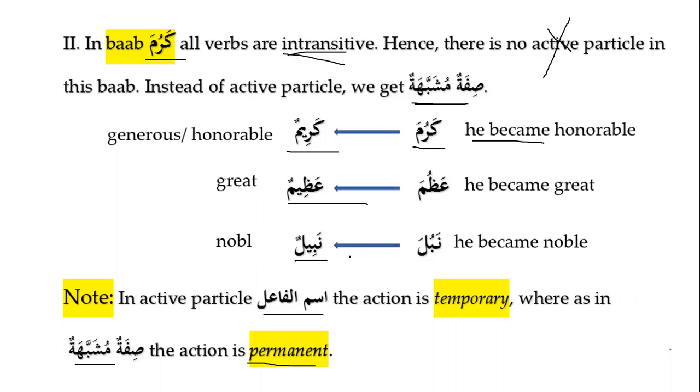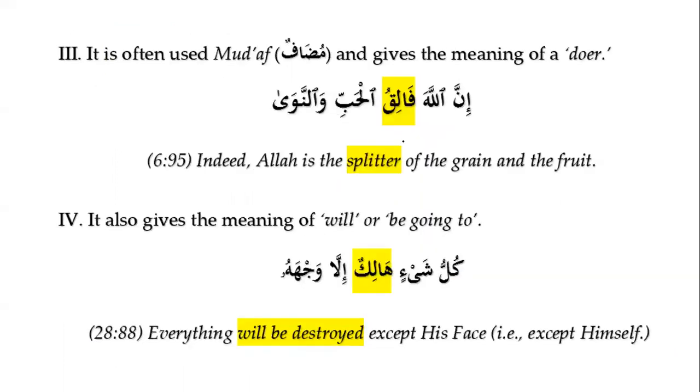Azimun, nabilun, that means the quality is permanent. So ismul fa'il is temporary, and sifatun mushabbahatun, the action is permanent. Is this clear? Alhamdulillah, yes, Ustad. Okay, excellent.